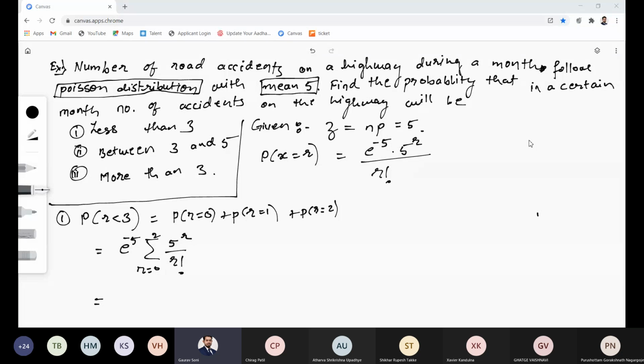Yes, Atharva, Ish Patel, Chirag, what is the answer? So it is coming large. Sum is large. No, that is not possible.